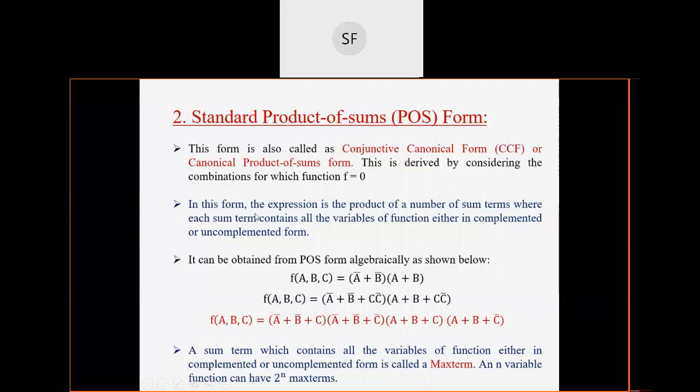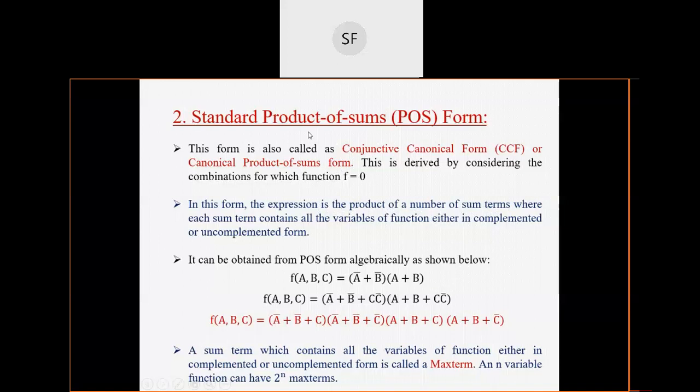All right, so in this form the expression is the product of a number of sum terms. I have already told you how to remember this and not get confused.